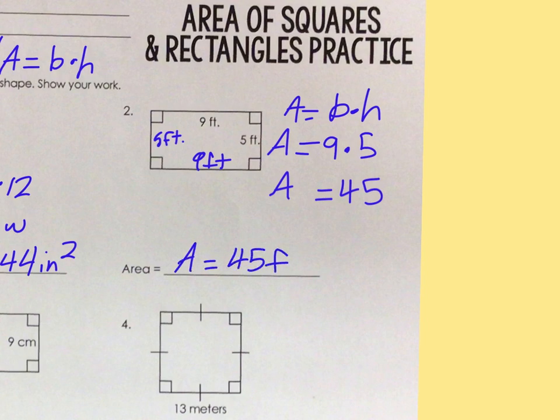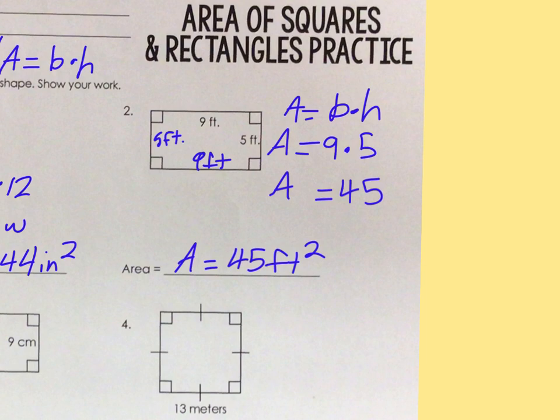45 feet squared. And guys, another point I want to make right here, that unit of measurement, if I needed a piece of board from Home Depot and I went to the store and I said, I need a board that's 45. Well, the worker would say, 45 what? And you better understand that 45 feet of board is different than 45 feet squared.